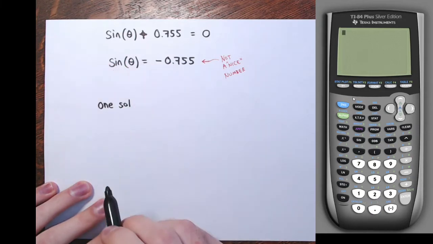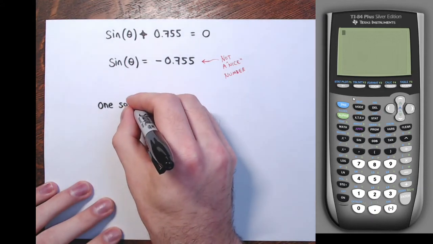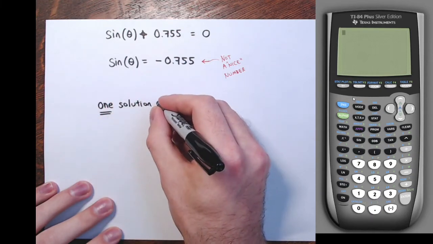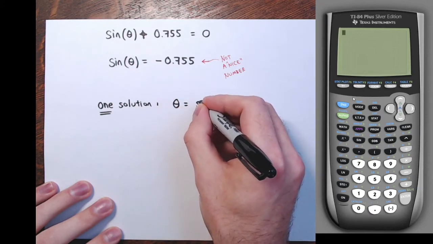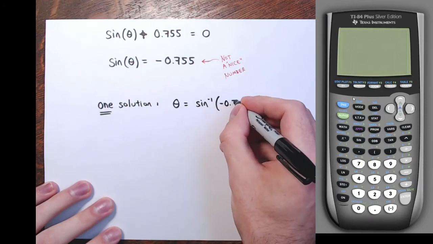One solution to this equation is the following: theta equals the inverse sine of this number, negative 0.755.